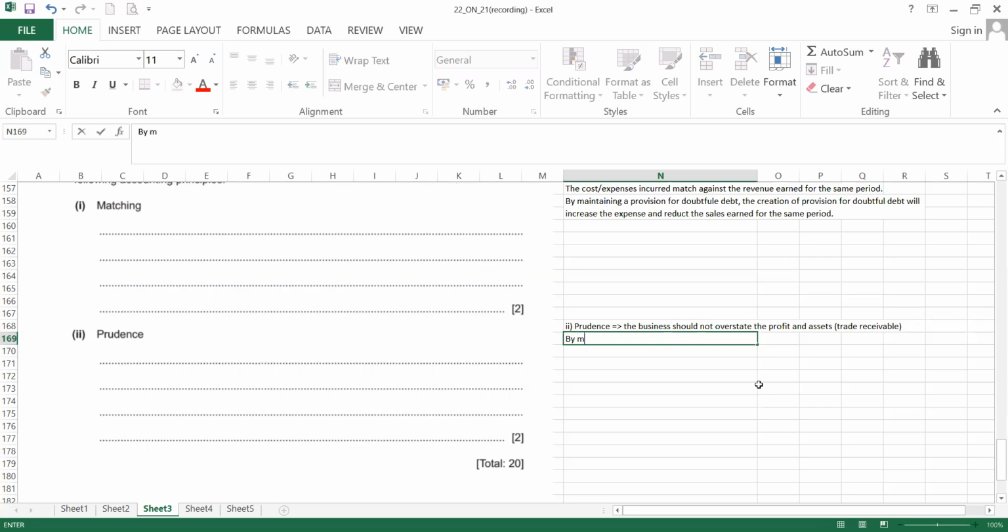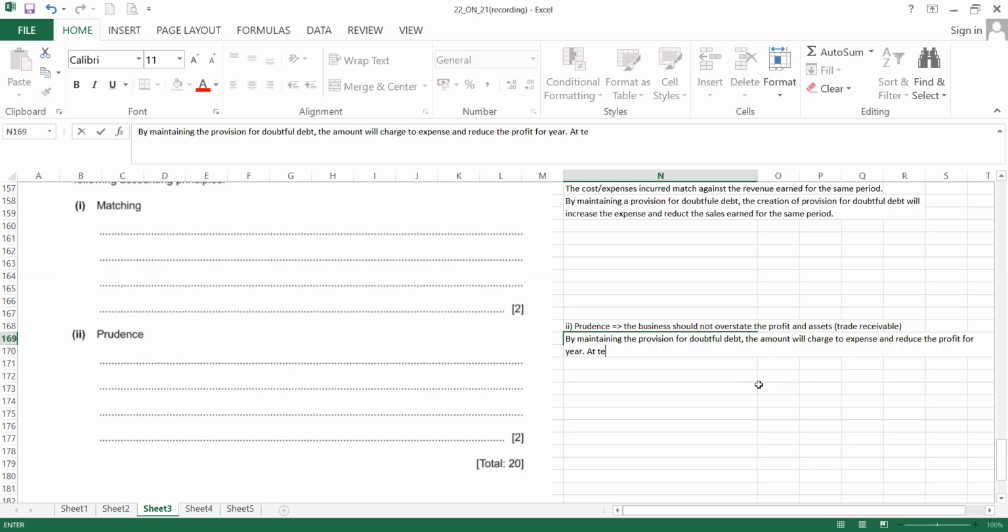You can say by maintaining the provision for doubtful debt, the amount will charge expenses and reduce the profit for the year.